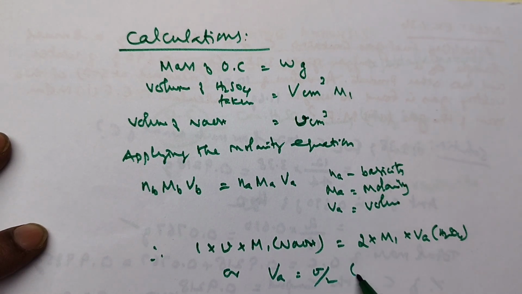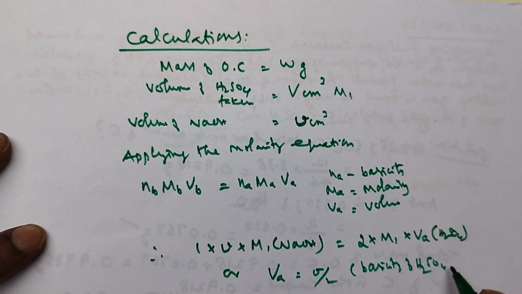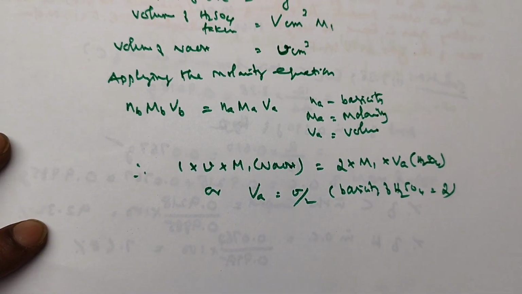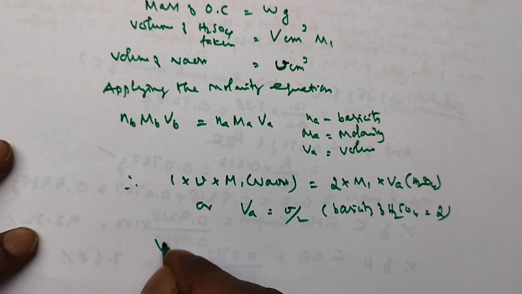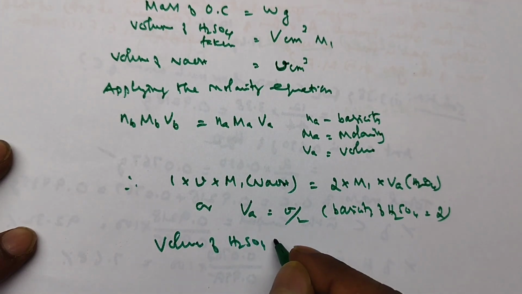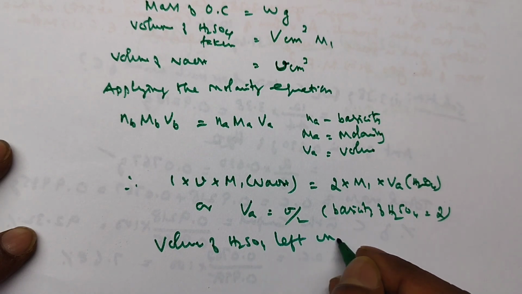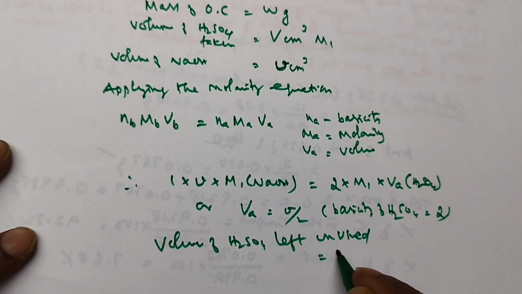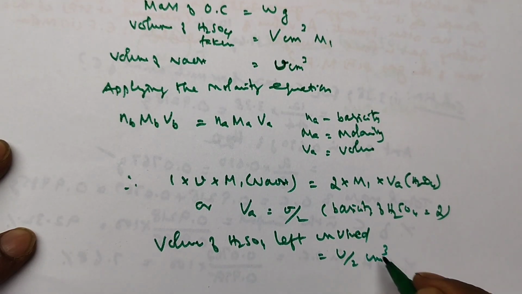Here the basicity of sulfuric acid is 2, since it contains 2 replaceable hydrogen atoms, which is why we put v by 2. Similarly, the volume of H2SO4 left unused is v by 2 cm³ of M1, that is the molarity.